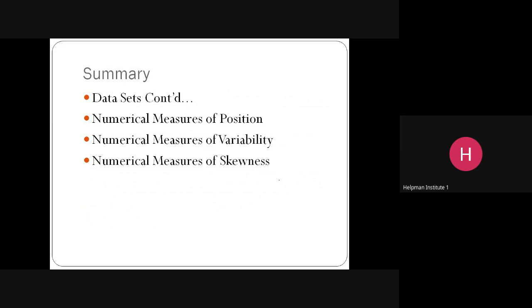We also talked about numerical measures of variability or dispersion. If we want to know how widespread a particular data is, the measure of variability helps us to do that.